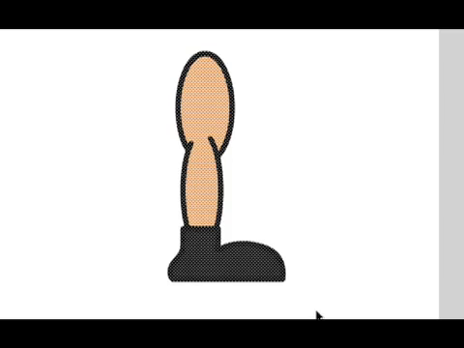Sometimes you don't need to do this, but I notice when you have different objects, like I have a shoe here and then I have a leg, that when you do the Bone tool, Flash doesn't seem to recognize everything when you're trying to animate it. So just for safety, I would recommend you highlight what you're about to animate.